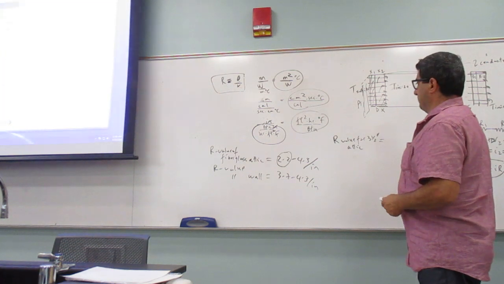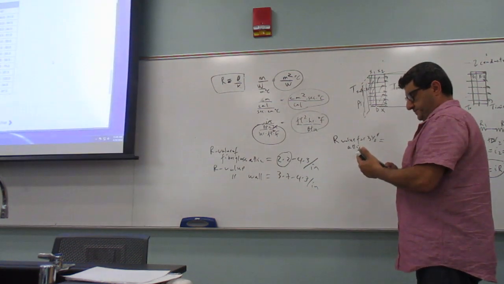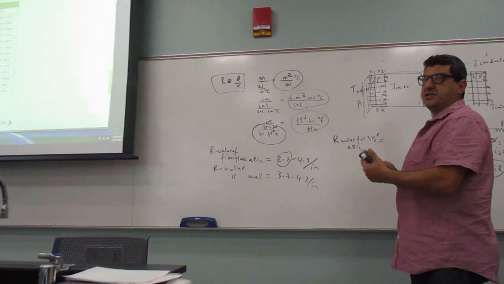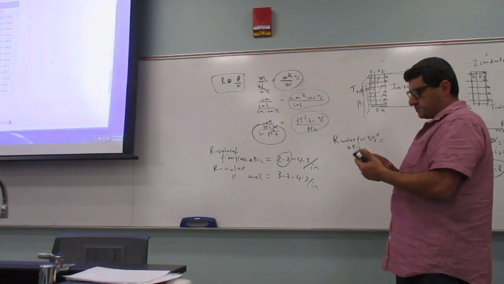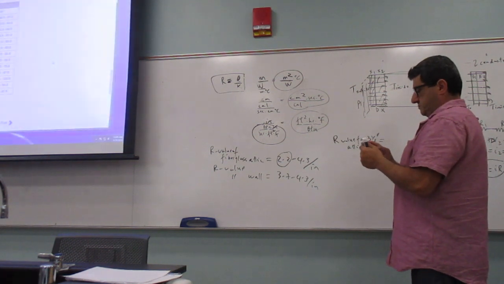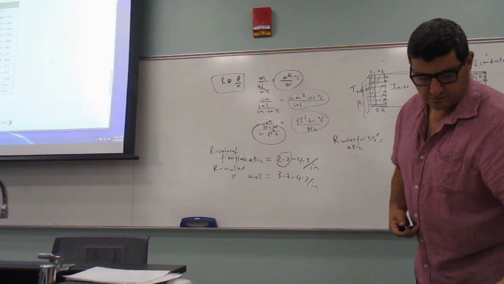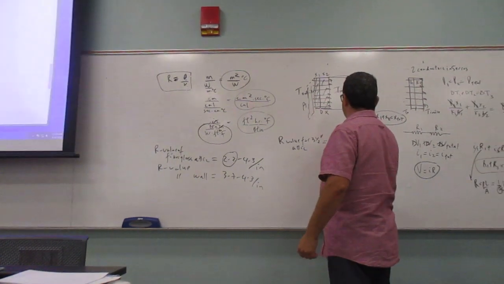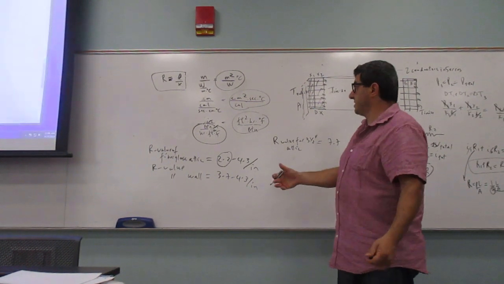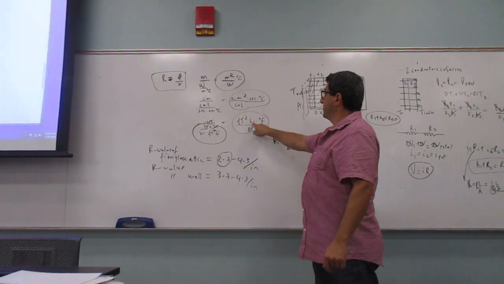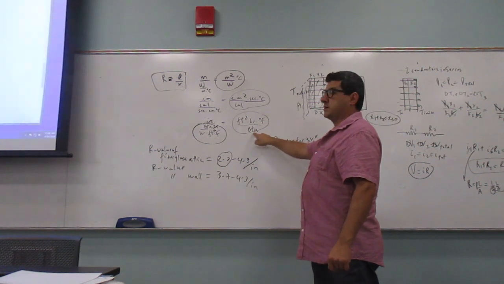So 3.5 times 2.2, it's just a simple linear equation, gives you 7.7. And what are the units of that? Feet squared hour Fahrenheit over BTU.